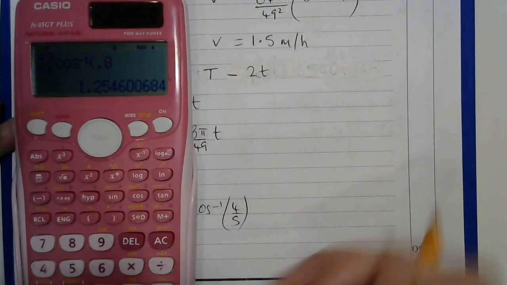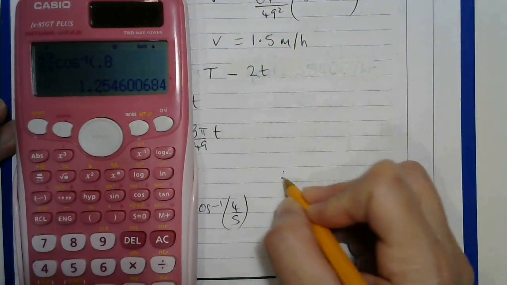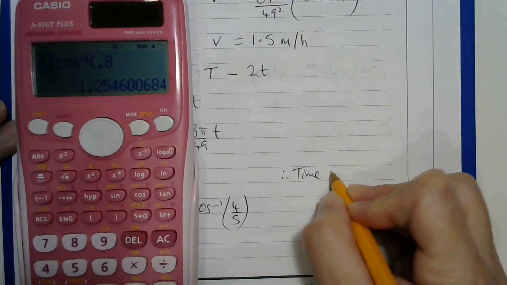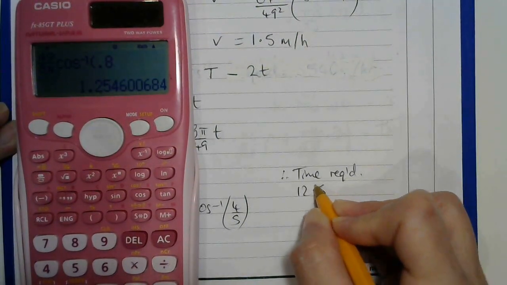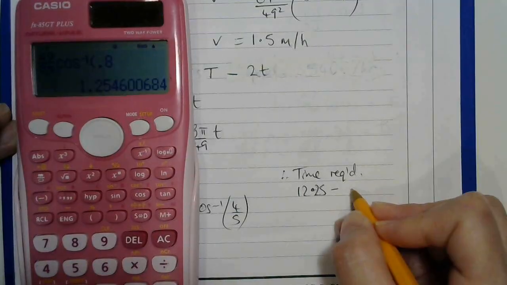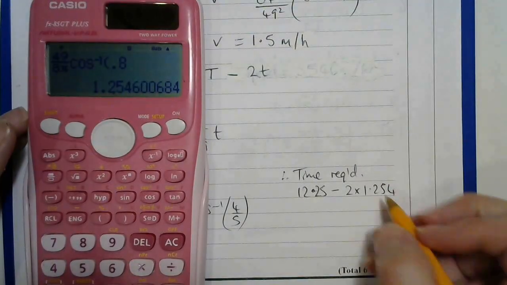So now the time required is going to be 12.25 minus 2 times 1.254, this answer that I got here.